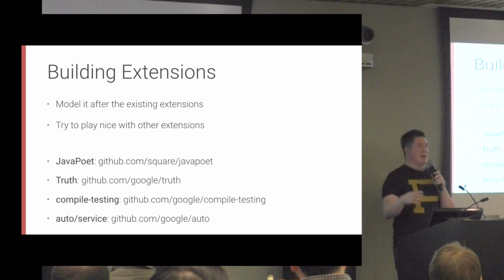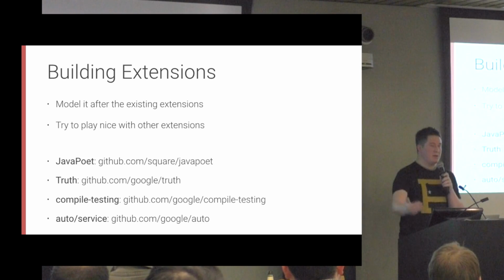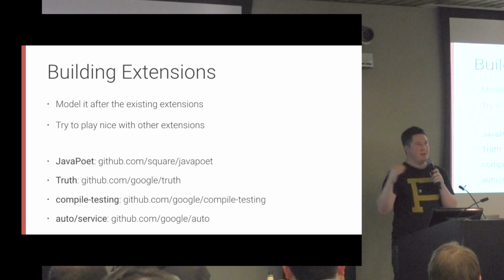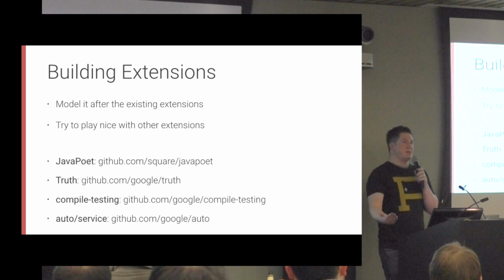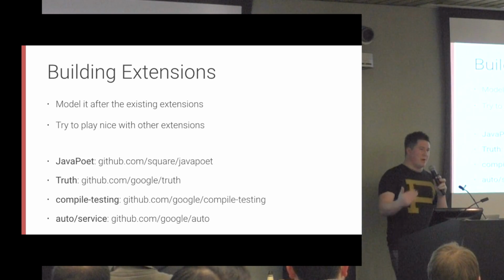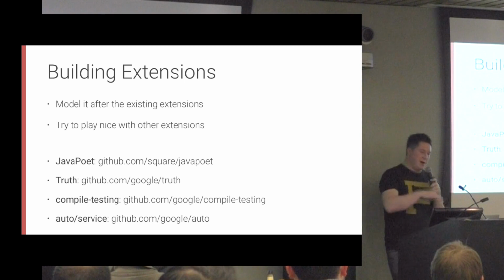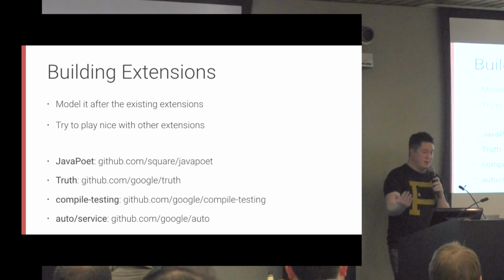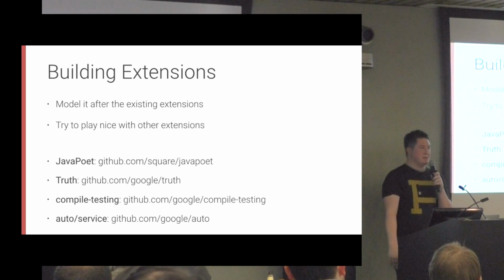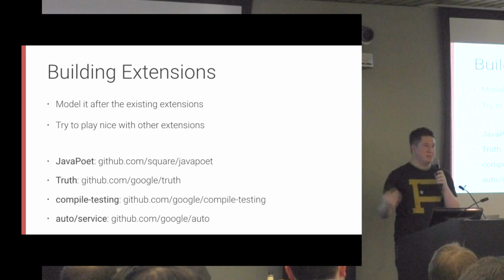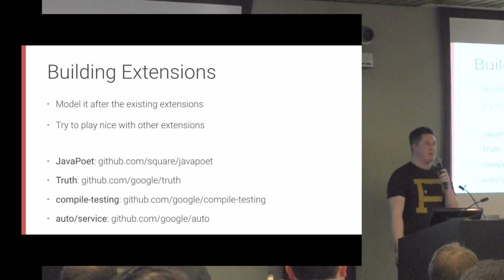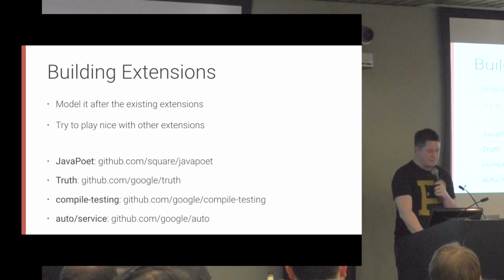They really do a lot of the heavy lifting of running the extension and being able to test the generated code. And then finally, AutoService. In order for AutoValue to find your extensions, you have to opt into this mechanism called ServiceLoader, and it's a little more complicated than you really want to have to deal with and remember. With AutoService, you just annotate your extension, and it takes care of all that for you.